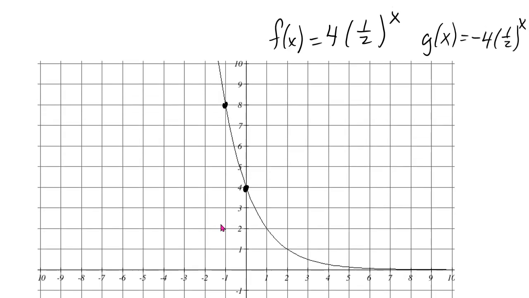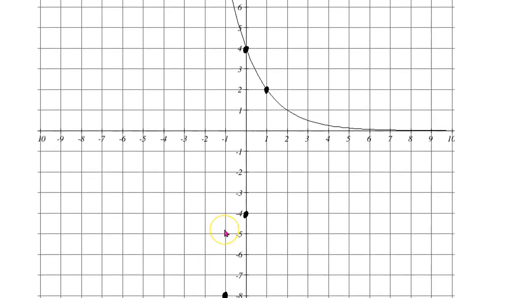If I allow the x variable to be the number 1, I get 1/2 to the first, which is 1/2. 1/2 times 4 is 2, and that gives me the point 1, 2. Then I can reflect it across the x-axis and make it 1, negative 2.